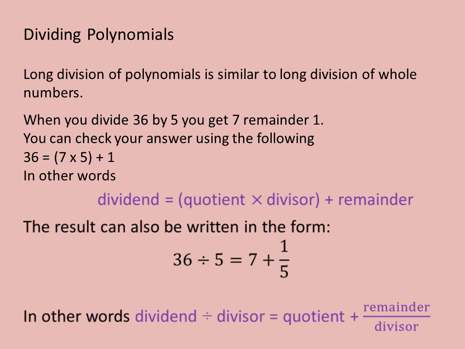The result can also be written in the form 36 divided by 5 is equal to 7 plus 1/5. In other words, the dividend, 36, divided by the divisor, 5, is equal to the quotient, 7, plus the remainder over the divisor, which in our case is 1 over 5.